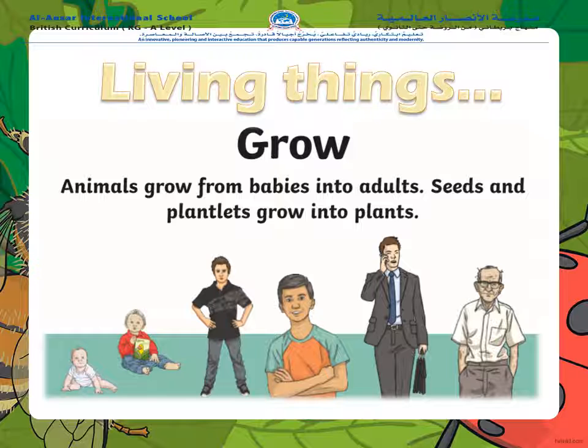And so on. The growing process never ever stops until a human or a living thing stops living, whether it is a baby, a human baby, or it is an animal baby, or it is a plantlet, that is baby of plants, you can say.